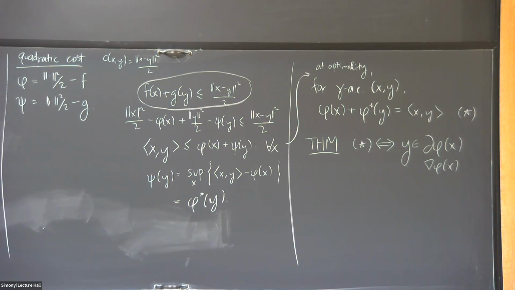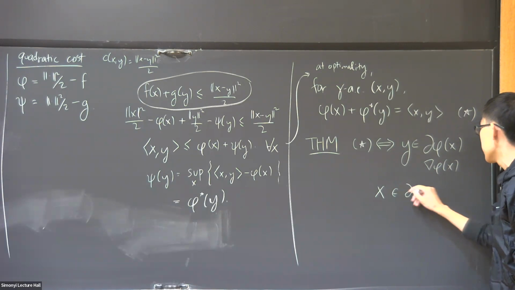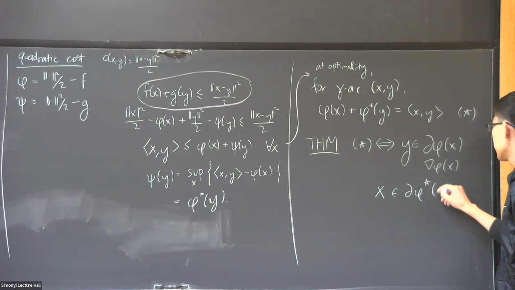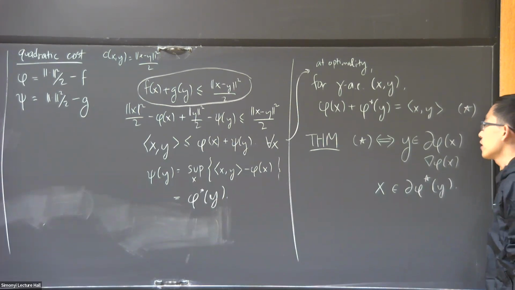Not all convex functions are differentiable, so I just wrote subdifferential, but you could just think of y as a gradient of phi. And similarly, x lies in the subdifferential of phi star. Okay, so this is a characterization of what the optimal xy pairs are for convex functions.